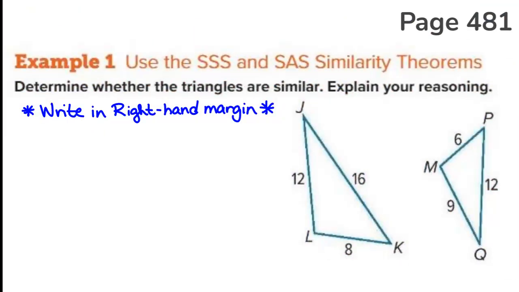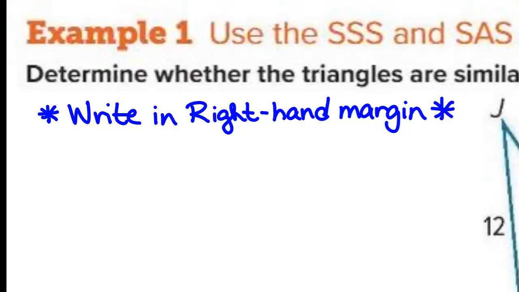Do we have any angle measurements between these two triangles? Are there any angle measurements given? Nope. If there's no angle measurements given, I can't look for angle-angle similarity because I don't have enough information. And I can't look for side-angle-side because I have to have at least one pair of congruent angles to do side-angle-side. So I want to check for side-side-side similarity here.